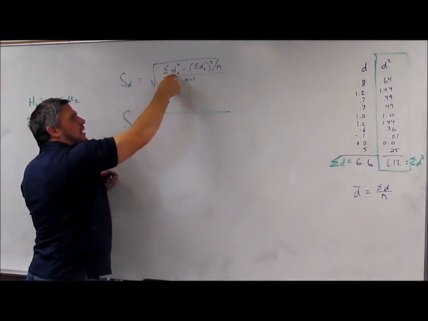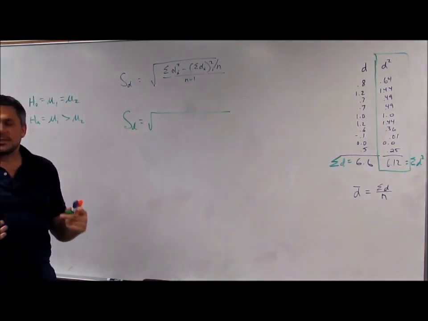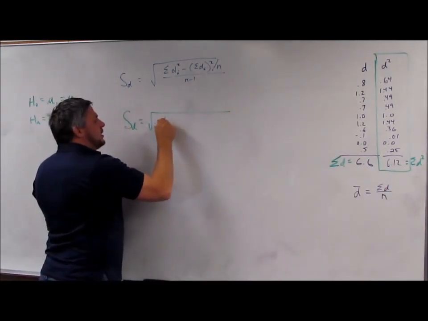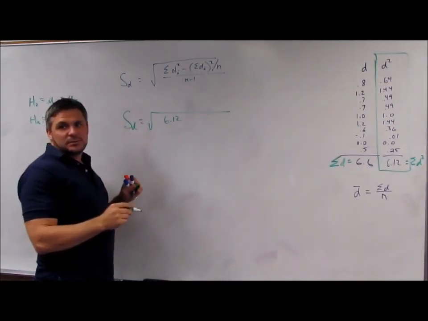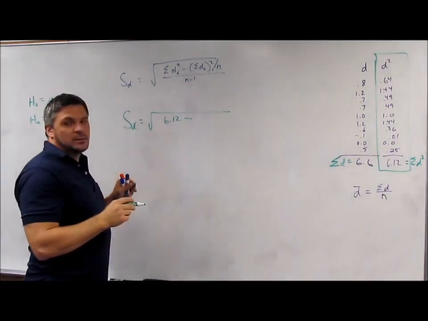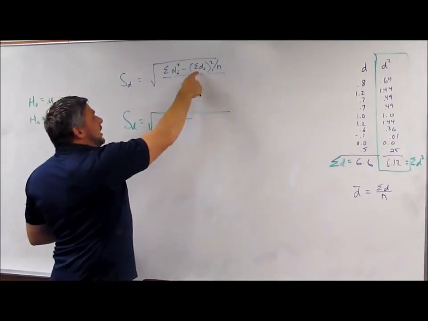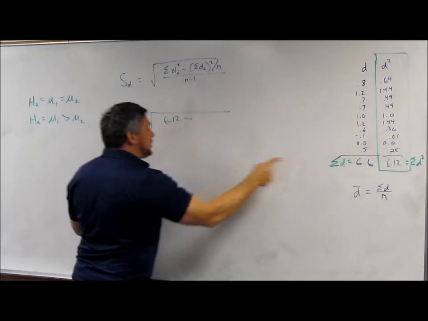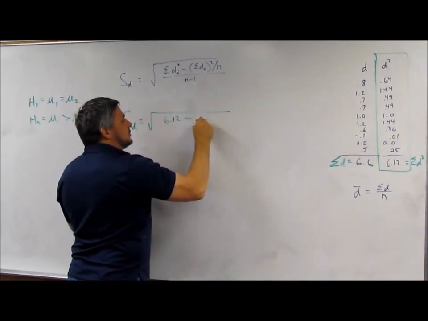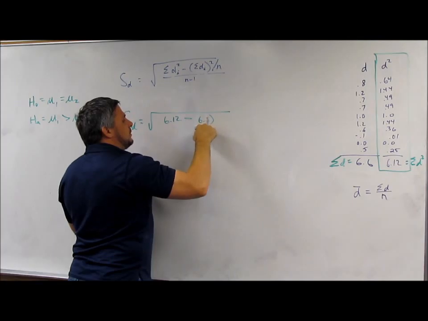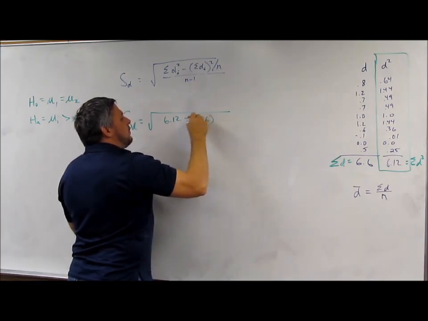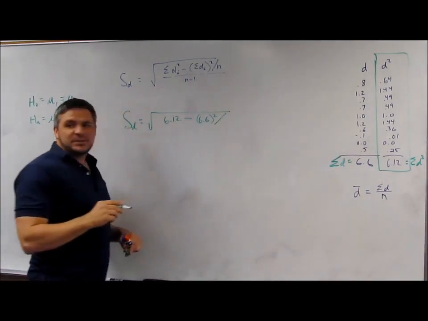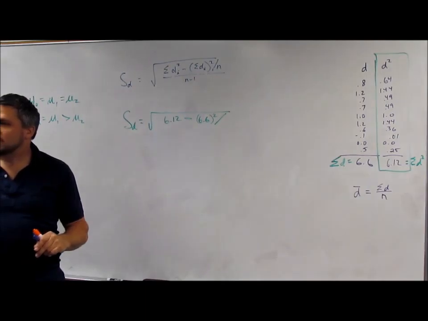So the summation of the D squares, that's this guy, 6.12, minus the summation of D, which is 6.6, but we square that, and then divide it by the number of numbers, which is 10.